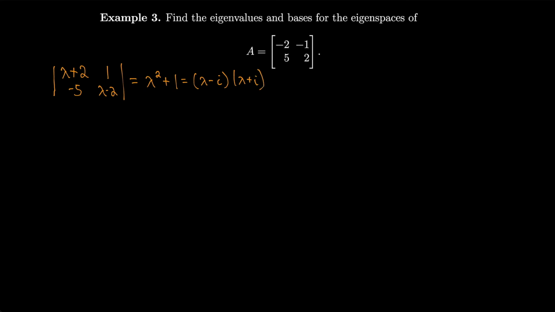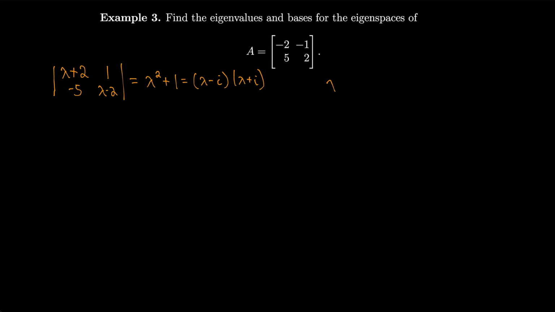Okay, so that means that we've got eigenvalues of i and minus i, which makes sense, they're conjugates of each other. So how about we solve the equation where we multiply by x, set it equal to 0 in order to find the eigenspaces.